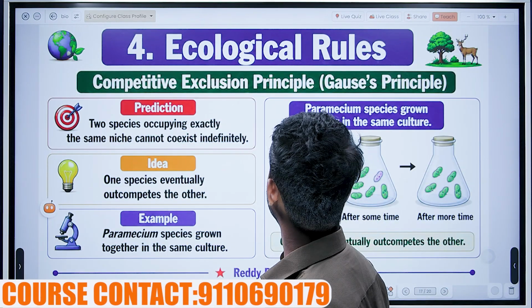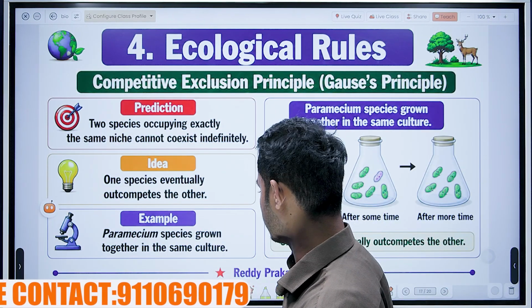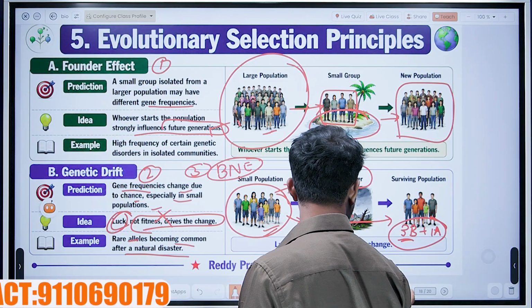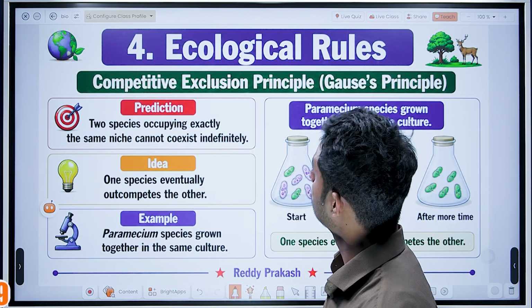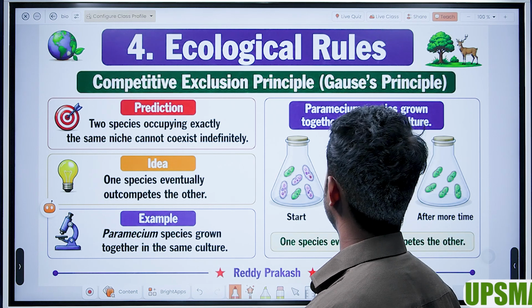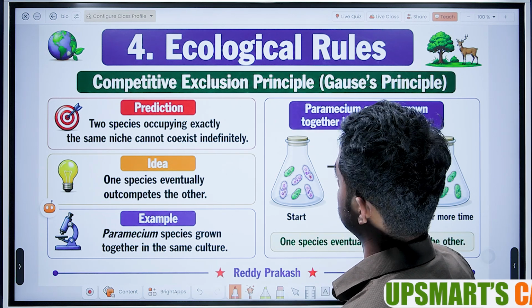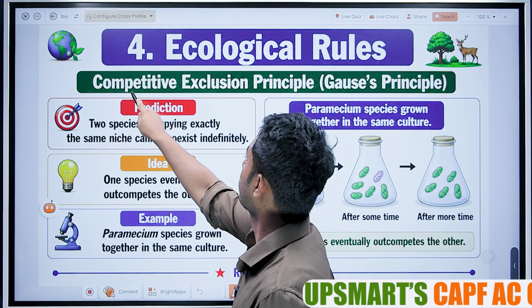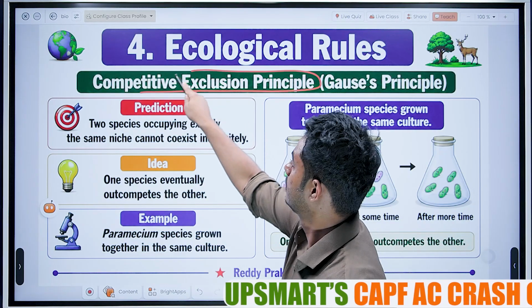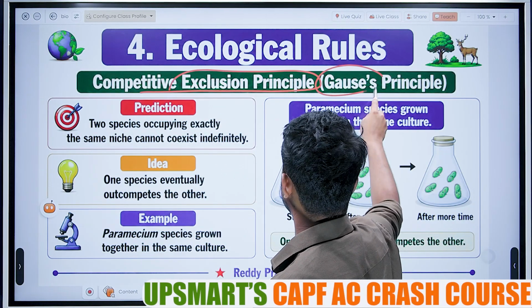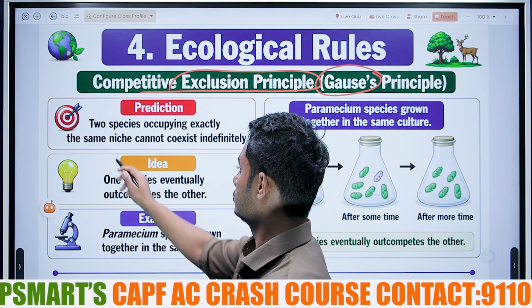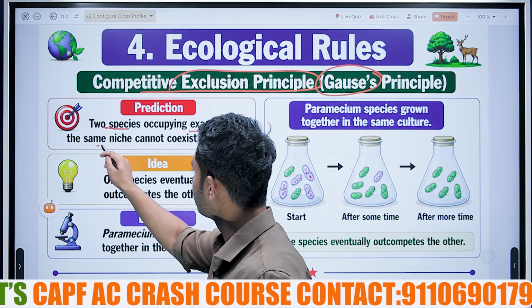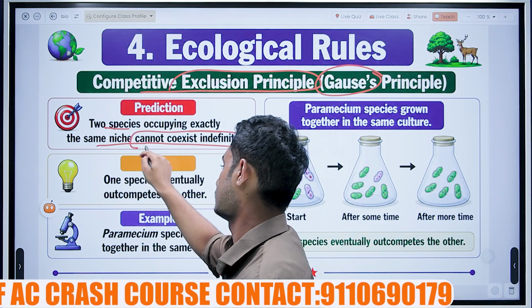Now, ecological rules. There is one rule which is very important, which is there in the 11th NCERT biology textbook as well. There is something called the competitive exclusion principle, by Gause. Say two species occupying exactly the same niche cannot coexist together.